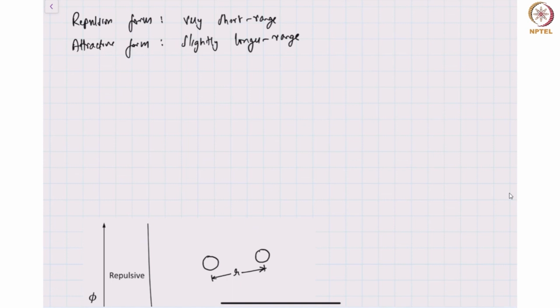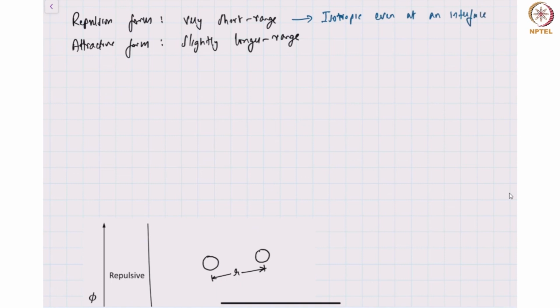So this idea of repulsion being short range immediately leads us to an interesting conclusion. Repulsion forces are largely isotropic. It's important to understand that they are isotropic even at an interface.